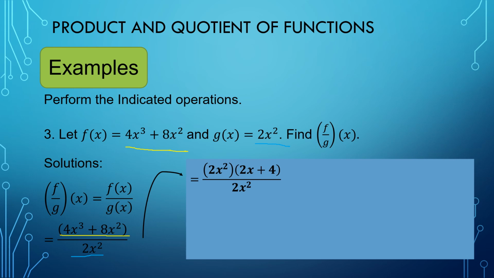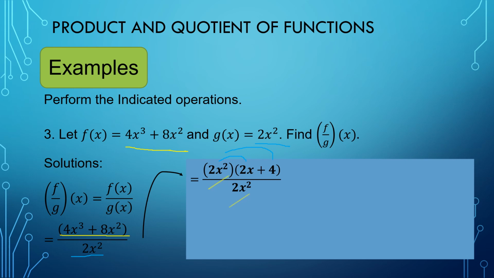If you want to verify, you multiply this one, the result will be 4x cubed plus 8x squared. So therefore, this is the factor of 4x cubed plus 8x squared. So here, copy the denominator. We already factored out the numerator. So we have 2x squared times 2x plus 4 all over 2x squared.